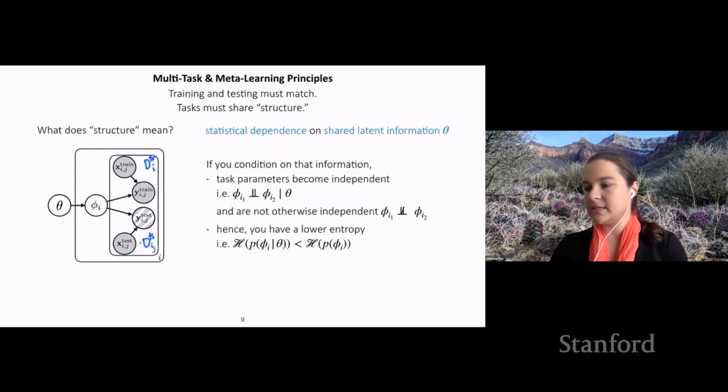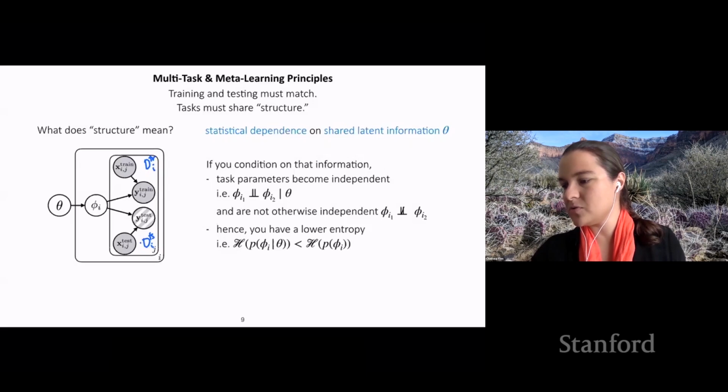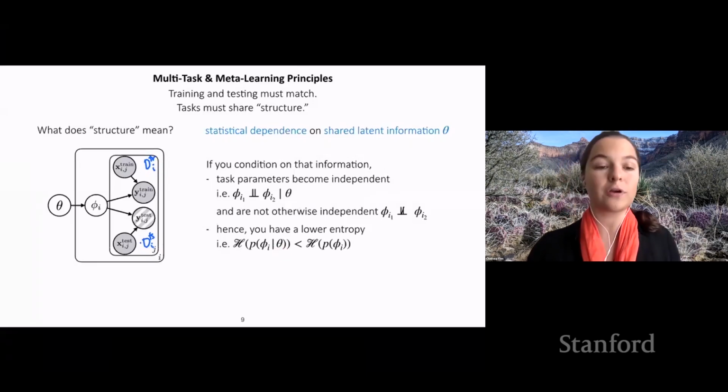And second, if you don't condition on this information, then the tasks are not statistically independent. And hence, if there is shared information, then you actually have lower entropy. So essentially, when you condition on theta, that gives you more information, and hence lowers your entropy over the distribution for the task-specific parameters phi i.